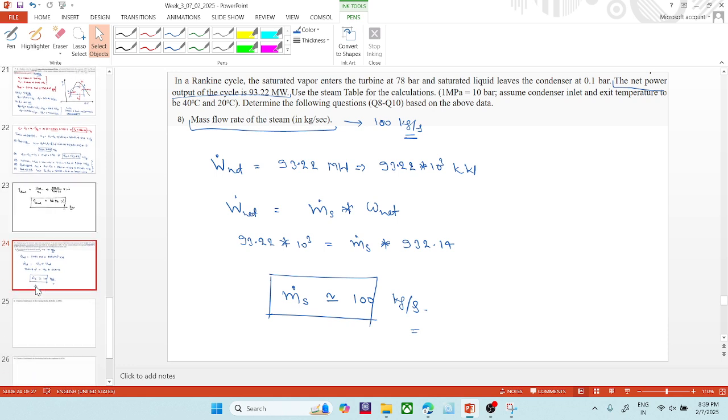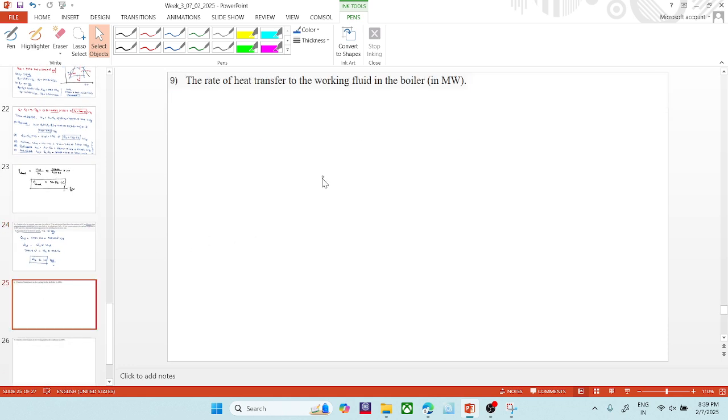Following the next, they have asked the rate of heat transfer to the working fluid in the boiler. So they are asking the heat supplied rate in the boiler. We have the steam mass flow rate we just calculated, 100 kg per second.